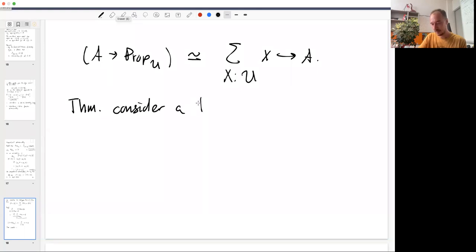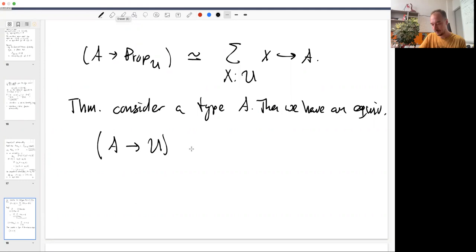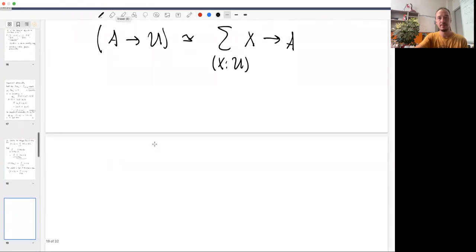Consider a type A. Then we have an equivalence that goes from the type of all type families over A to the type of all X in U. And now we don't need to have embeddings, but we can have ordinary maps into A. So this is saying here that to describe a type family, it's equivalent to describe a map into A. So let's give the maps back and forth.